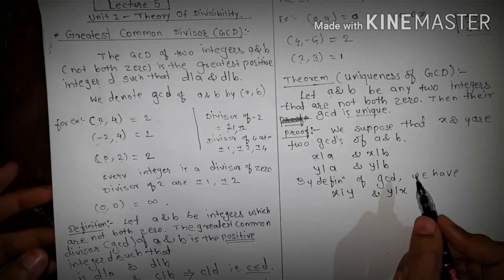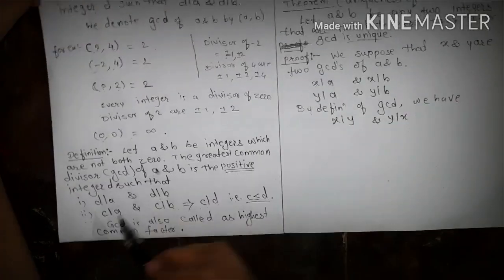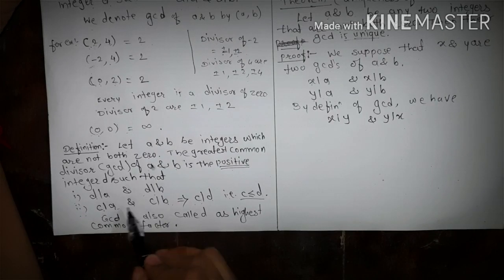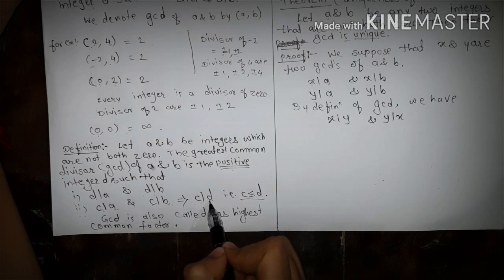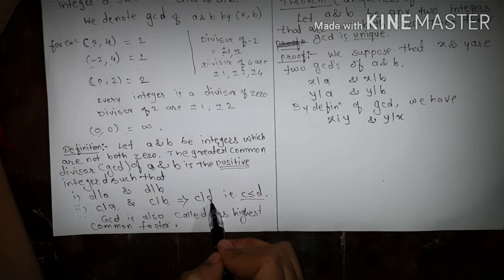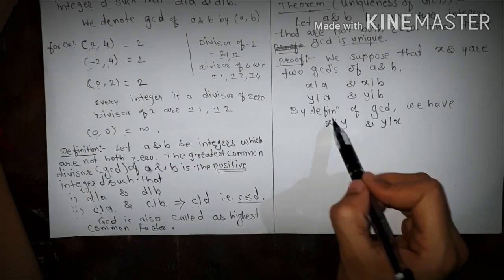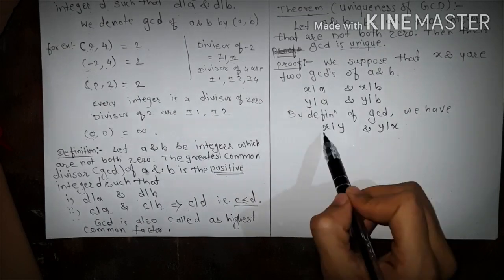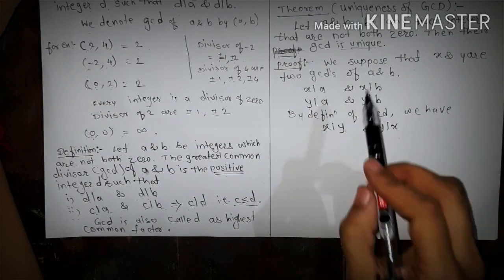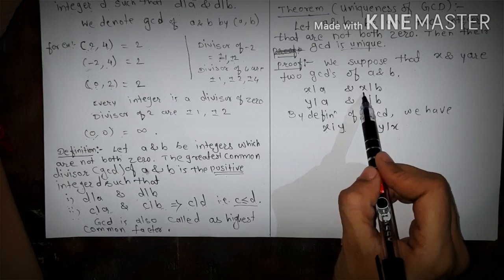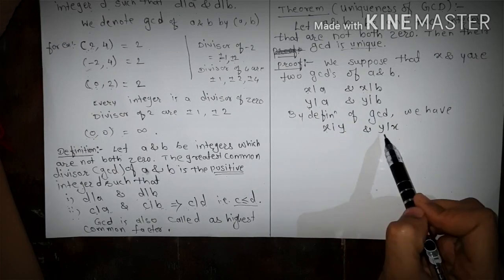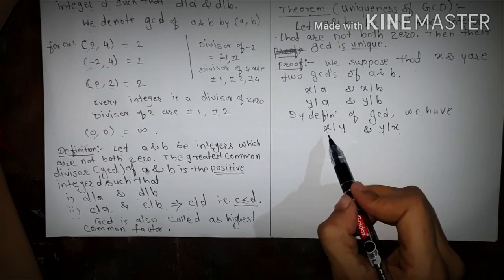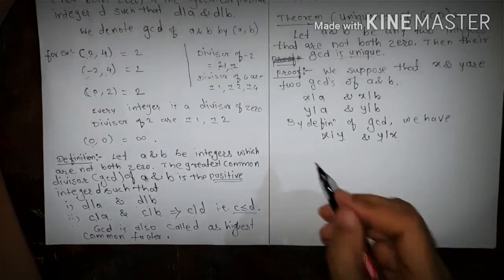This is because of the second condition, that if there is any common divisor which divides a and b, then it divides the GCD. So if we assume x is the GCD and y is a common divisor, then x divides y, and if we assume y is the GCD and x is a common divisor, then y divides x. So x divides y and y divides x.